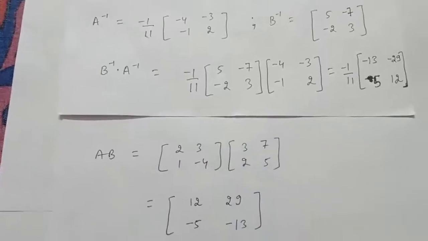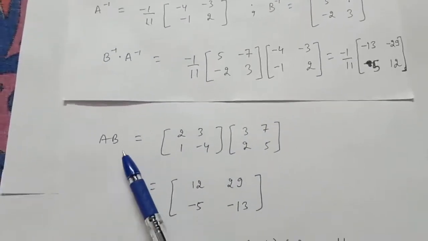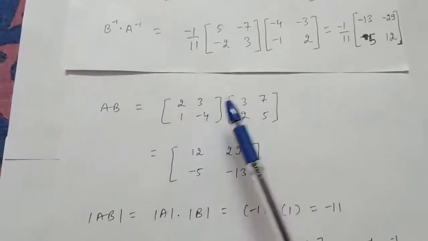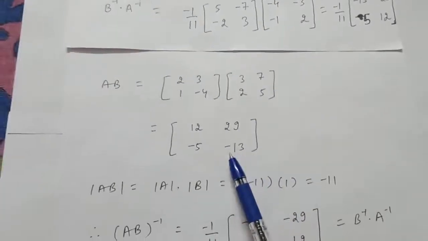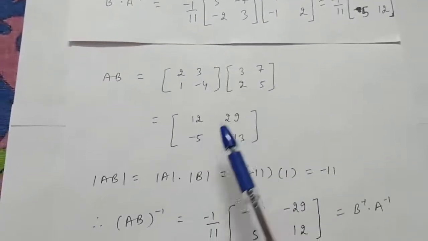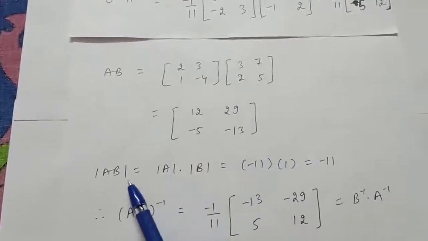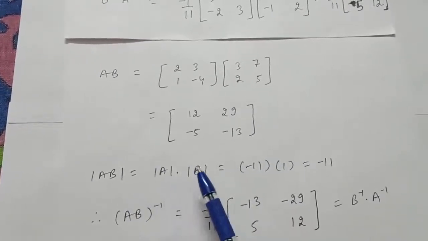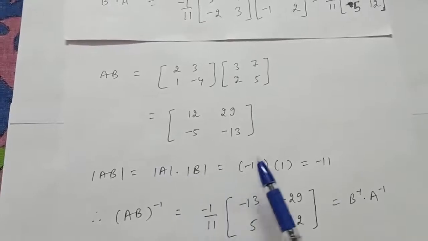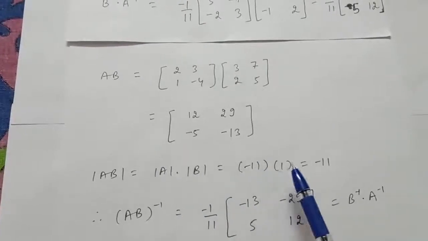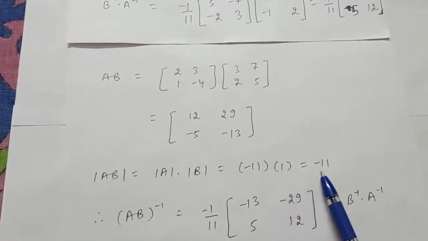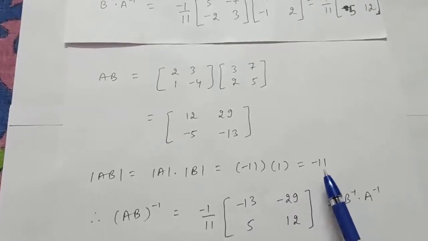Now we will find (AB) whole inverse. So AB matrix will be A into B, which is this matrix, 12, 29, minus 5, minus 13. Now find out the determinant of AB, which is determinant of A into determinant of B. Determinant of A is minus 11 and of B is 1. So determinant of AB is minus 11.